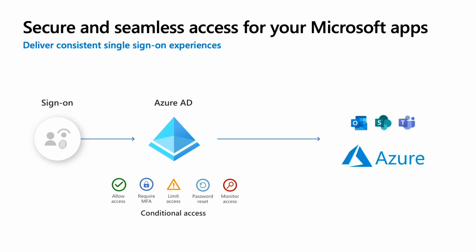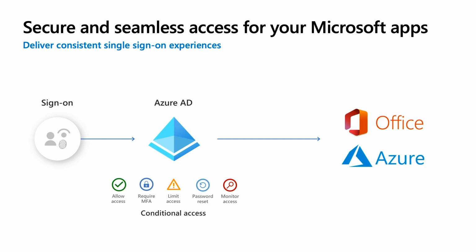Things like maybe you require a managed device. You might also be using conditional access to ensure that users are not prompted to verify their identity, except when it's absolutely necessary. This means that Azure Active Directory is key infrastructure for your organization. It's there keeping you and your data safe with your Microsoft apps.